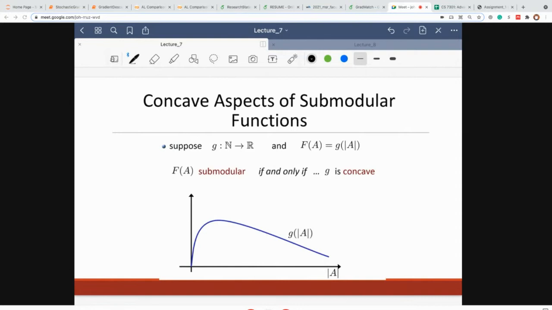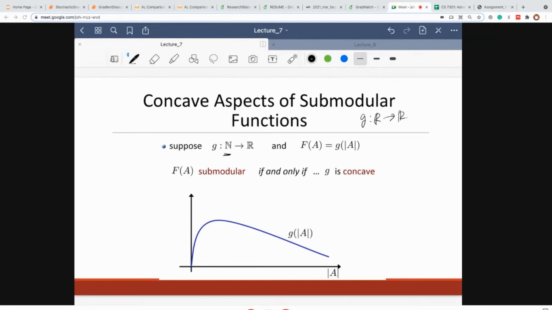Okay. So also, if g is a concave function, where g takes as input a natural number, or you can define g to take an input from the reals to the reals, R to R, and if f of a is defined as g of the size of a, then f of a is submodular if and only if g is concave.